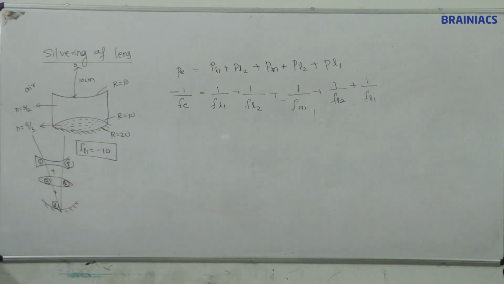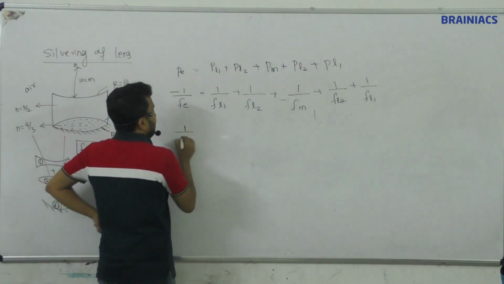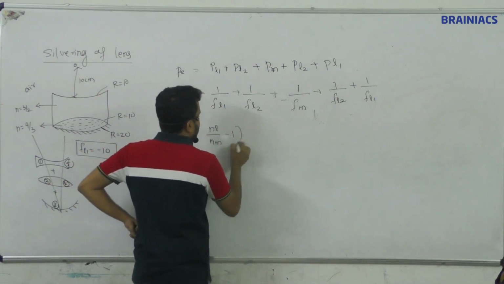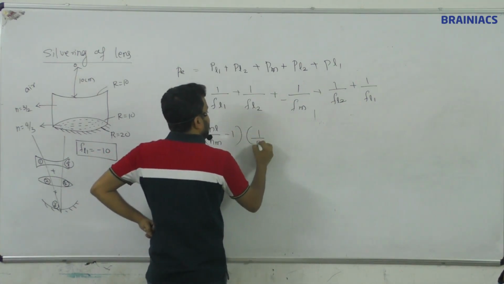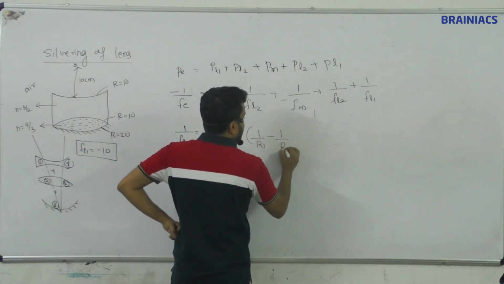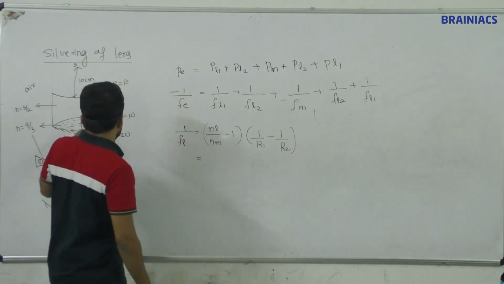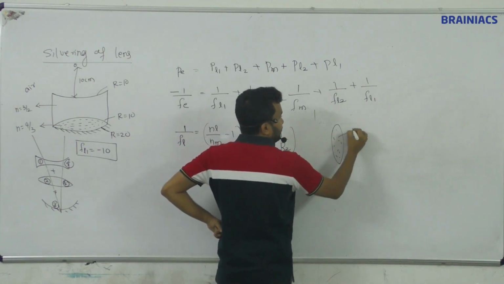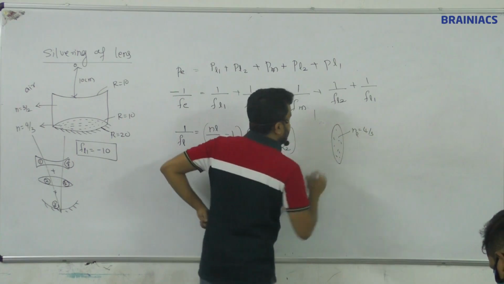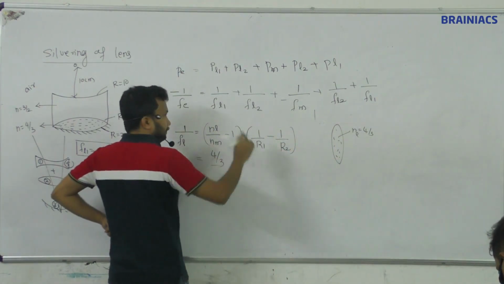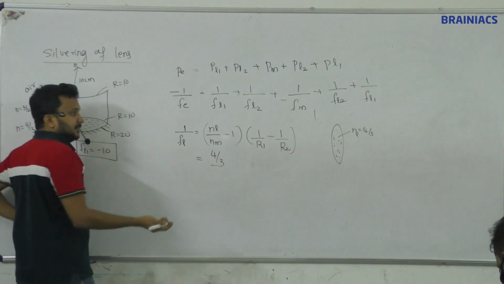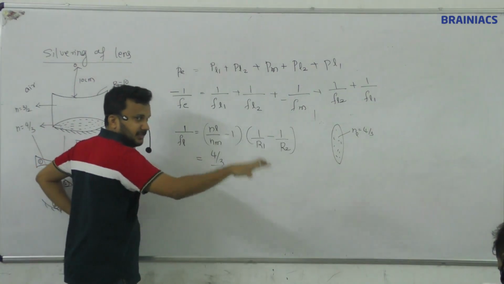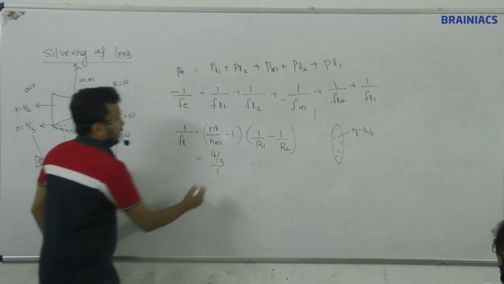So we'll find FL2. Again we'll write 1 divided by FL2 equals (NL divided by NM minus 1) into (1 by R1 minus 1 by R2). This is for the convex lens, so this is water, NL is 4 by 3. Surrounding medium, outside the system, is air, so minus 1.